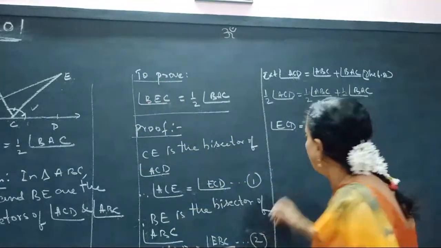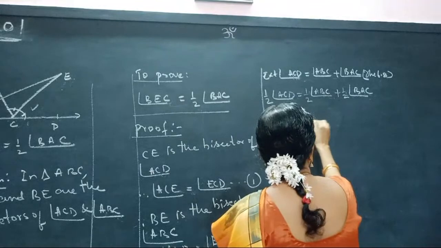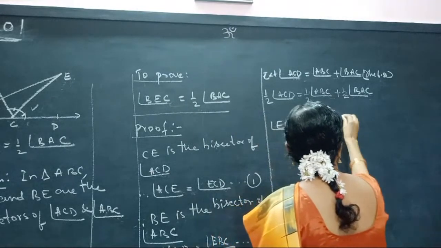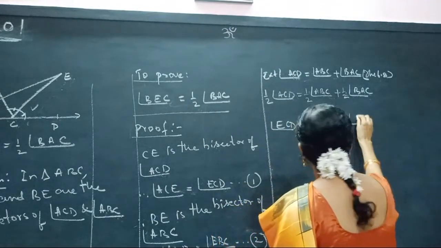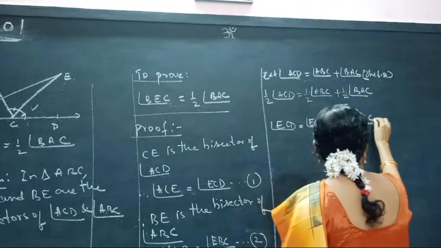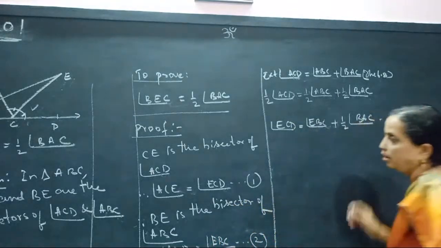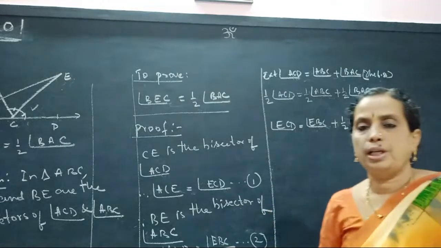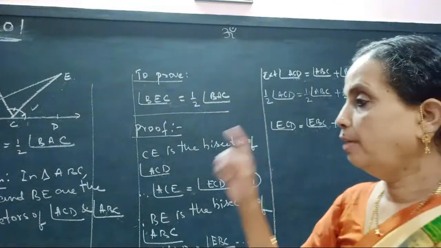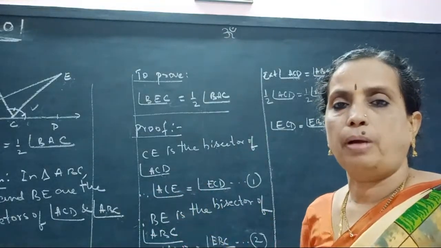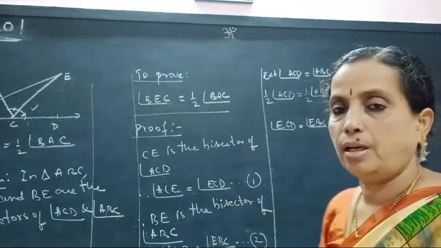So angle EBC plus half of angle BAC. There is no substitution; you will write it as it is. That is, from the exterior angle property, dividing LHS and RHS by 2, we got the first relation.